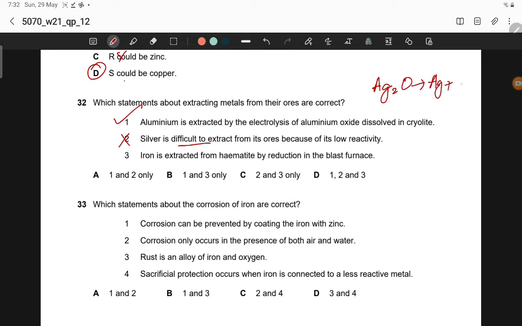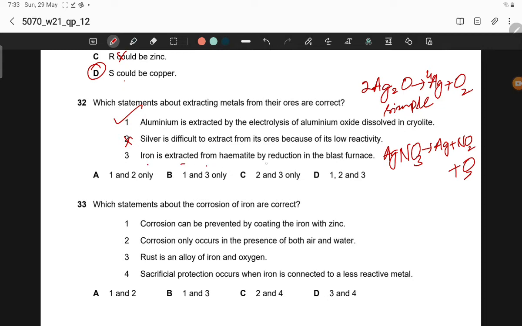Simple heating gets silver, or if silver nitrate is heated, it gives Ag, NO2 and oxygen gas. So this is a correct statement. Is it difficult to extract? Yes, it is incorrect.